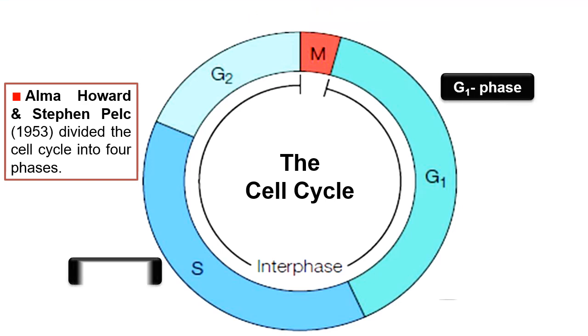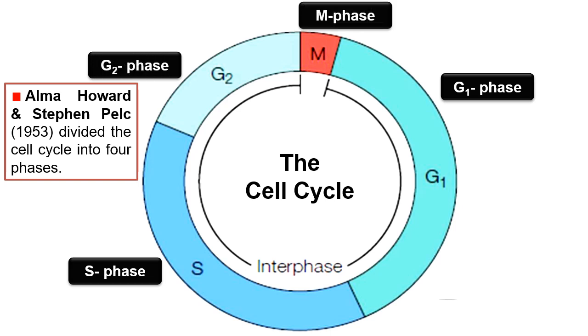These are the G1 phase, the S phase, the G2 phase, and the M phase. As observed under the microscope, the cell cycle is essentially divided into two basic parts. The non-dividing part, which is called the interphase, constitutes about 95% of the cell cycle and includes the events of the G1 phase, S phase, and G2 phase. And the dividing part includes the events of the M phase.